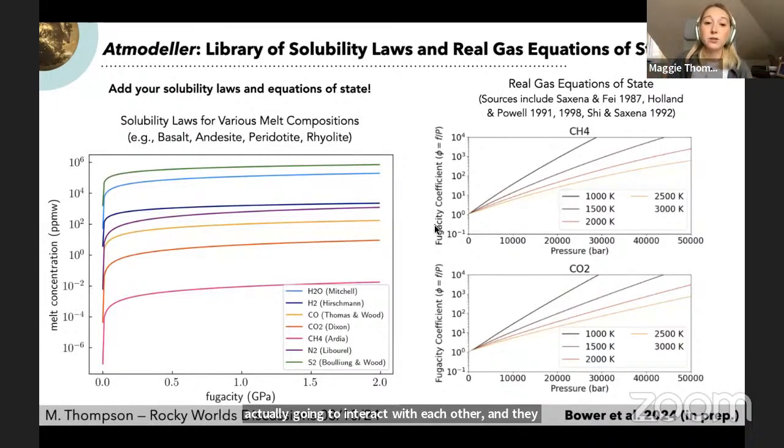And so we often use fugacity coefficients, which is fugacity divided by pressure. We use that to describe these non-ideal effects. So once you get above 1, where your fugacity is then higher than your pressure, you're in this non-ideal regime. And so this varies, of course, depending on temperature and also total pressure, but these are included in this code.